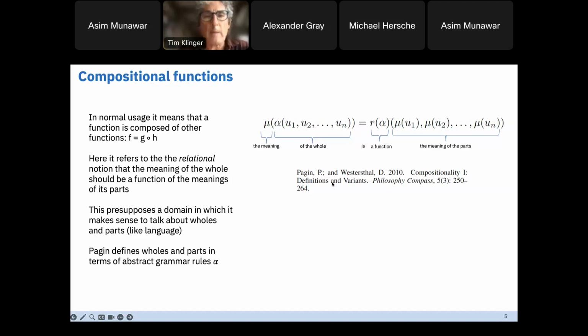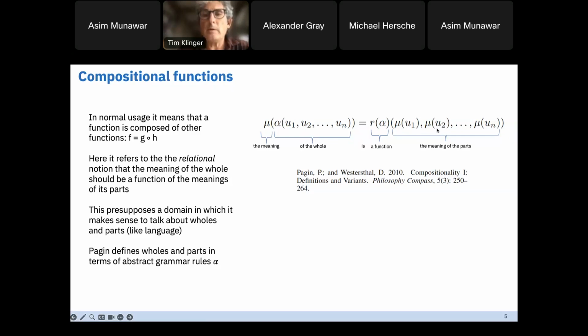We have abstract grammar rules, alpha, such that every expression in the input language that we care about is formed by applications of these rules. So here I'm making a whole, an alpha whole, by applying alpha to the parts U1, U2, UN. And this is saying that the meaning of that whole is a function, R of alpha, of the meanings of the parts: mu of U1, mu of U2, and mu of UN.